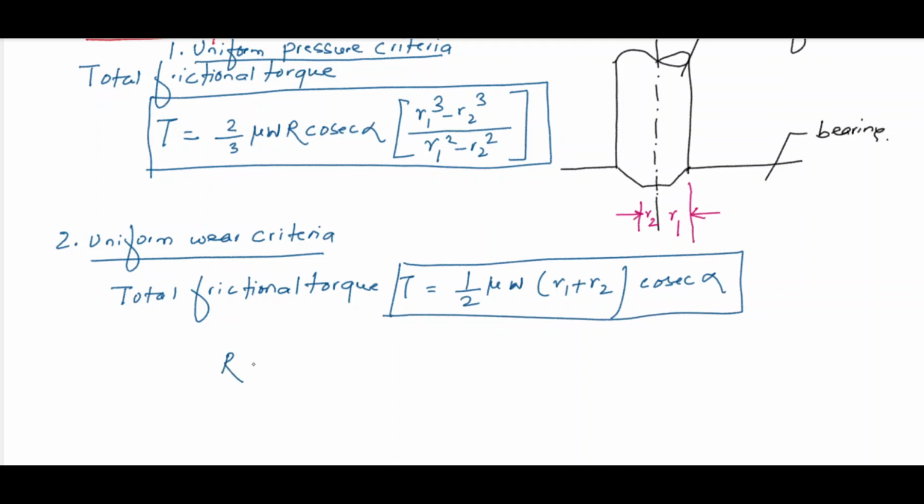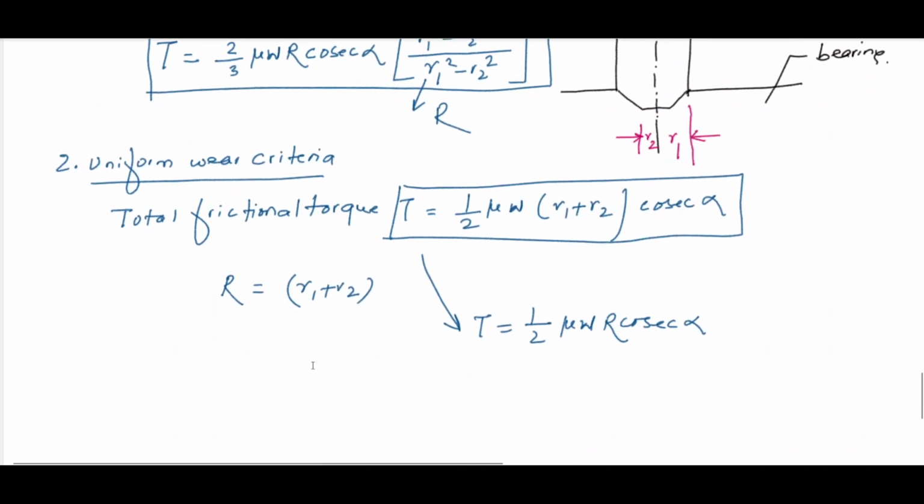Or if you mention this effective R as R1 plus R2, then we can represent this T as half mu W R cosec alpha. And here this part is your effective R for uniform pressure criteria.